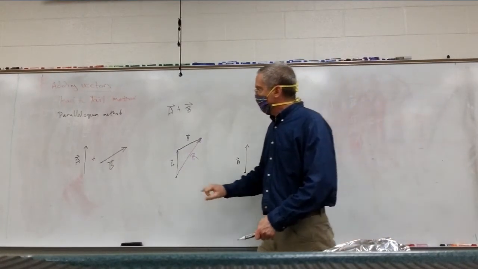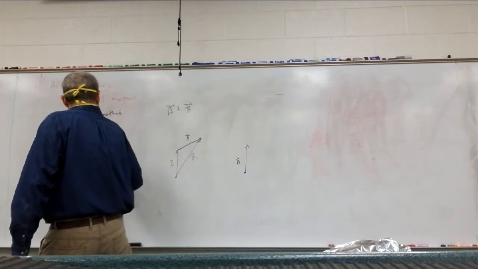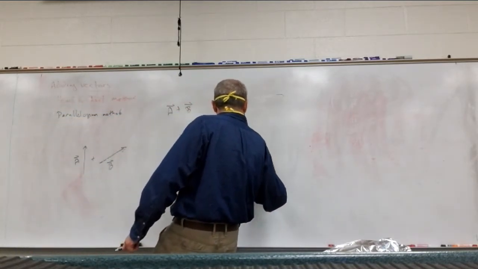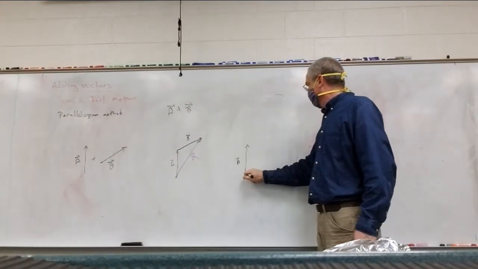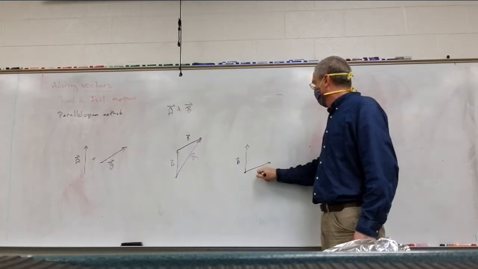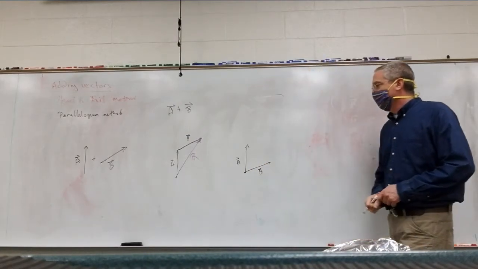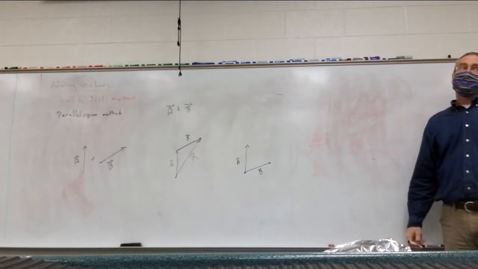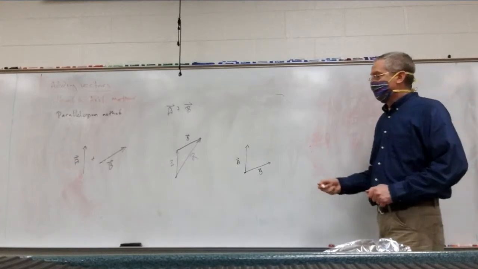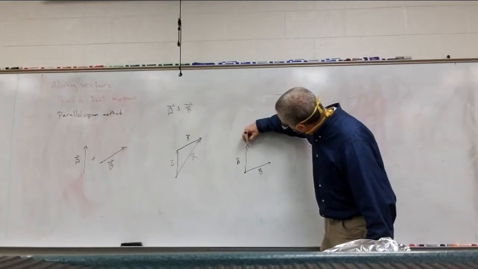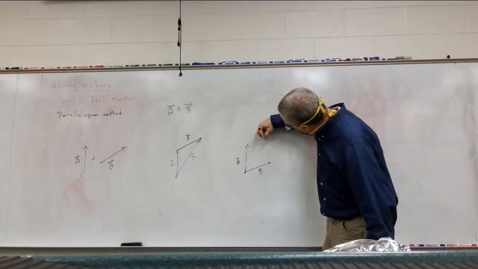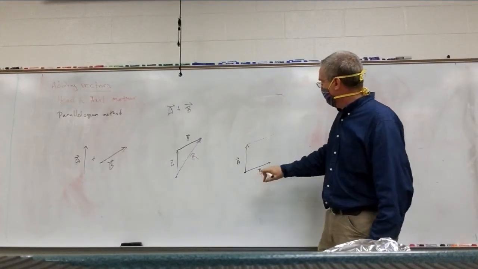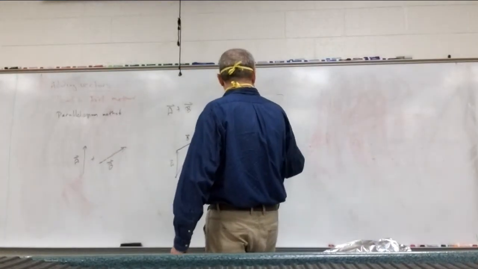And then you take B, and you draw it with a common tail. And then you draw a parallelogram. Those are the two sides. So I'm going to draw one up here that should parallel B, and I can't do that particularly well from an angle.